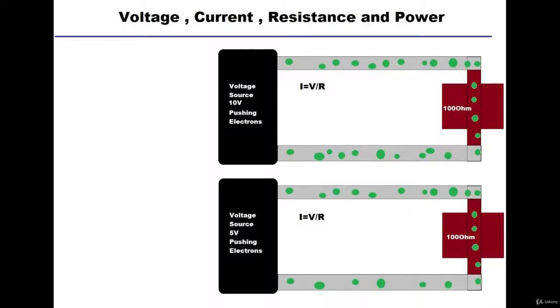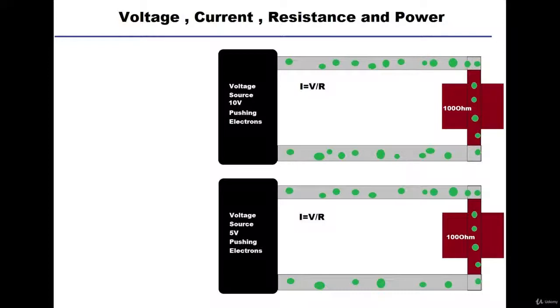Now let's take an example by calculating the current for both circuits. As we can see, the resistance is the same for both circuits. They are both 1000 ohms or 1 kilo ohm. However, the first circuit has a larger voltage source than the second one. The first one is 10 volts, the second one is 5 volts.